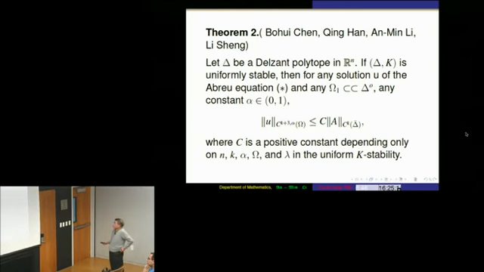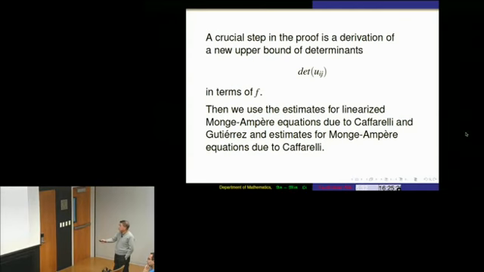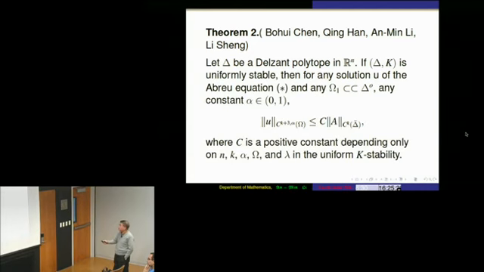For any dimension, we also get a result called interior regularity. Let delta be a Delzant polytope.